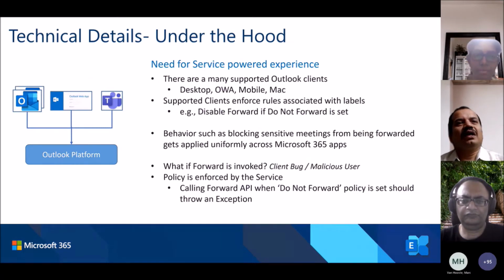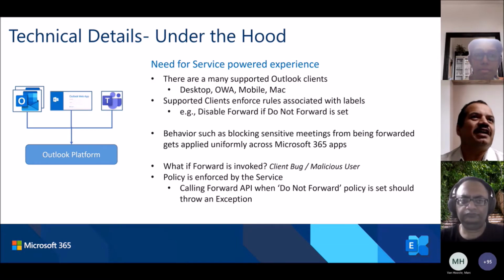The reason that it is enforced at the platform side is there are many clients for the Outlook platform. Let's take an example of just 3 clients that we are showing: the Outlook desktop, the Outlook web, and Teams itself.